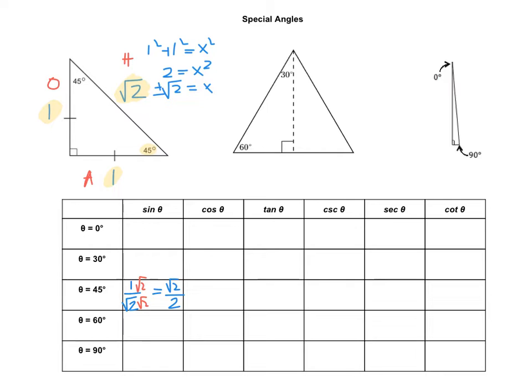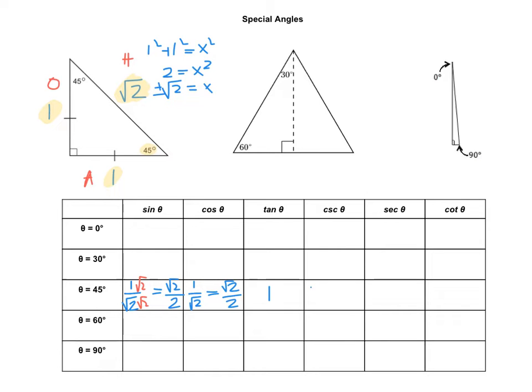Now let's go ahead and do cos theta. Cos 45 is adjacent over hypotenuse, which is also 1 over root 2, which simplifies to root 2 over 2. Tan is opposite over adjacent, so 1 over 1, which is just 1. Cosecant is the reciprocal of sine. So I'm going to go to my unrationalized fraction where the radical is in the denominator, because when I take the reciprocal, this root 2 in the denominator will go up into the numerator.